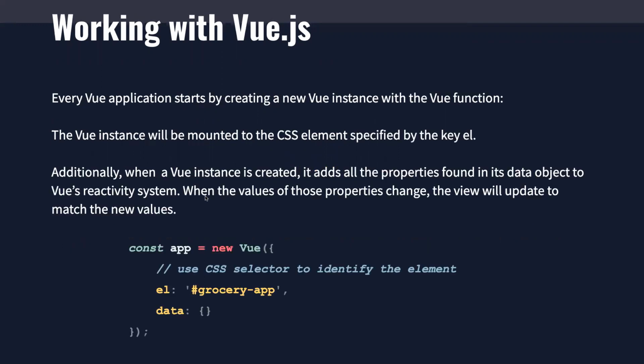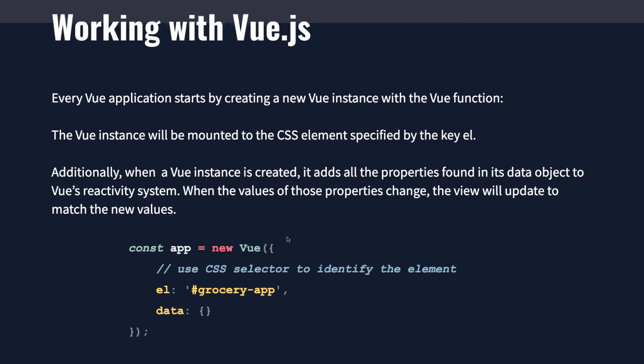Now that we have that script tag in our header, we have access to the functionality that Vue provides us. So every Vue app really starts by creating a new Vue instance. You do that simply by what you see down here in this code. You can see here I have const app equals new Vue. That is a function which accepts an object as an argument, and this object has a lot of options on it.